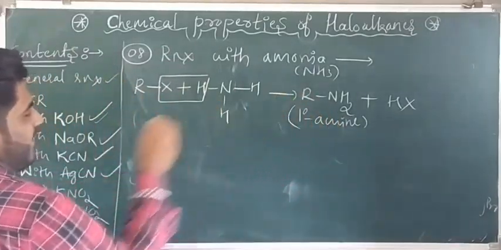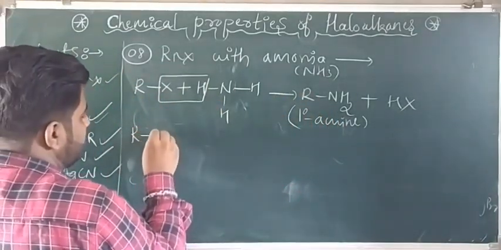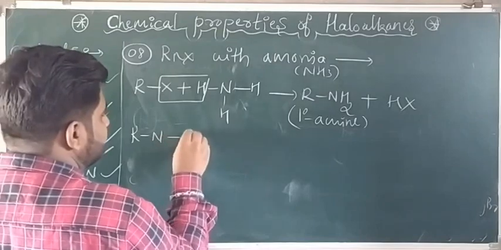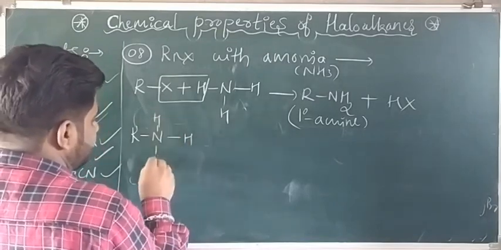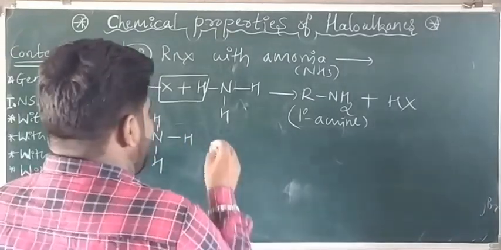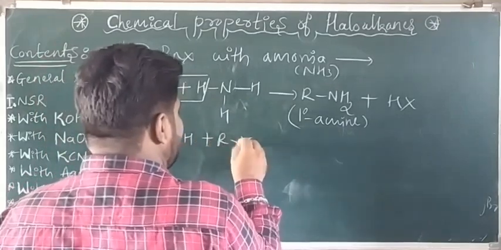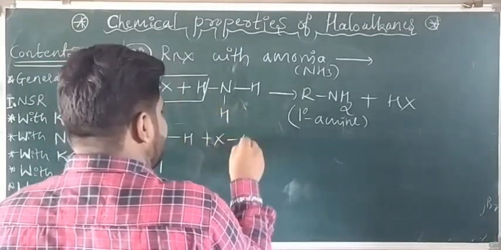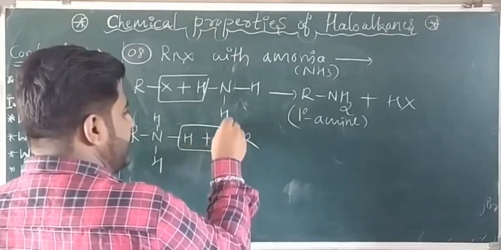When this primary amine again reacts with another molecule of haloalkane, nothing but alkyl halide, we can take R and X. This HX is again eliminated.